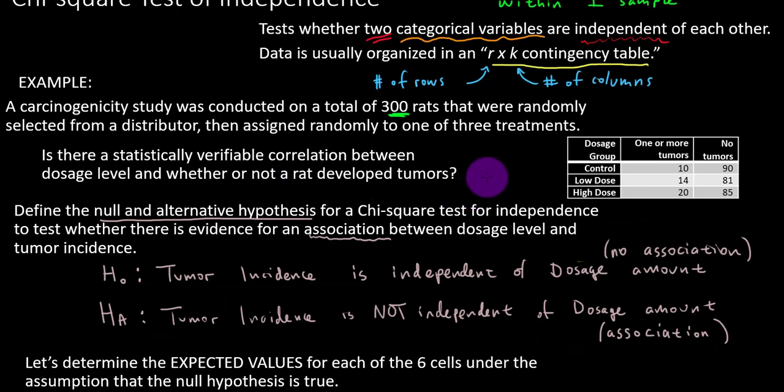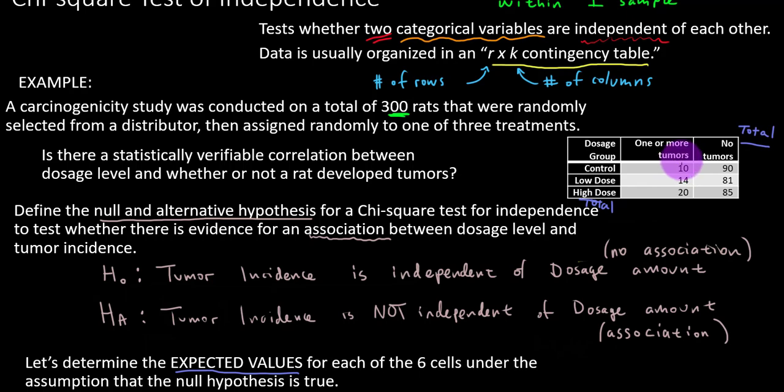As usual, our next step in the hypothesis testing framework is to determine the test statistic. Just like with the goodness of fit test, we're going to need to determine some expected values for each of these cells. Before we do that, however, it's going to be useful to have the marginal totals for each row and for each column. So let's do that here.